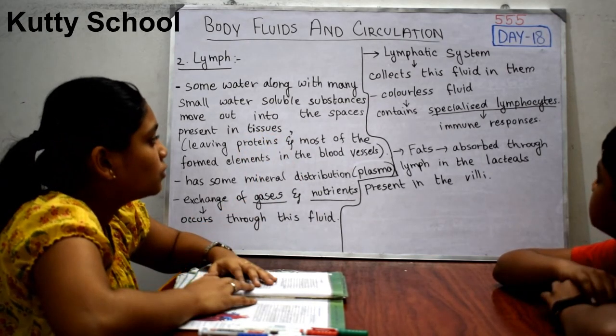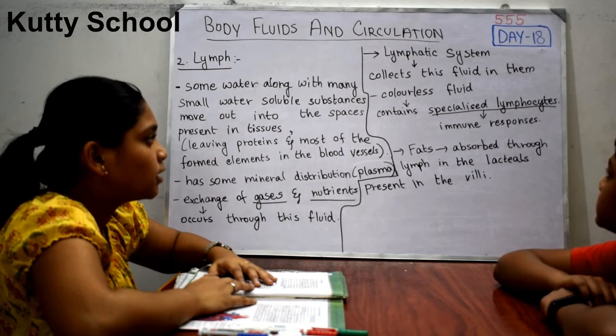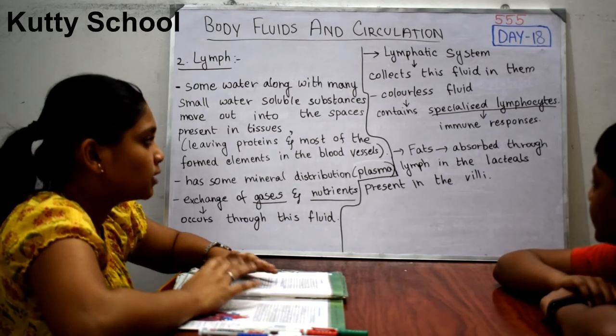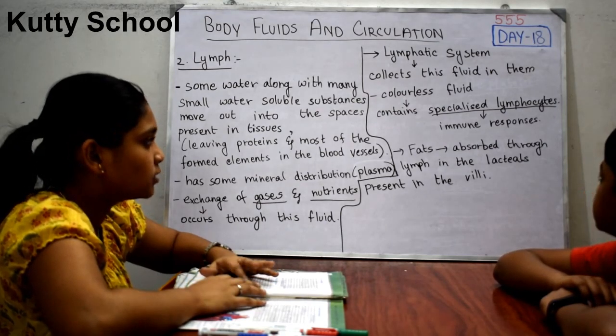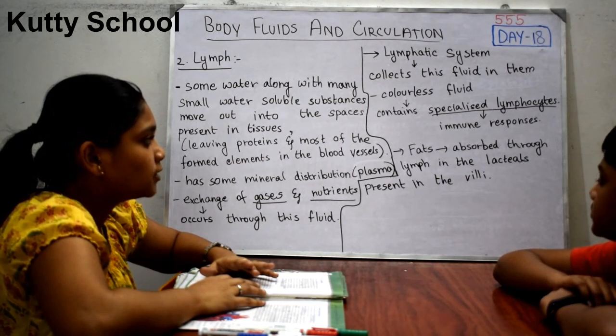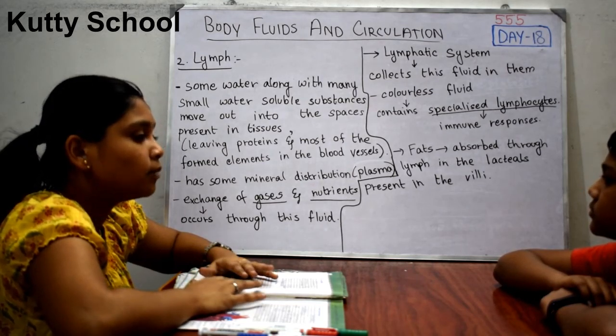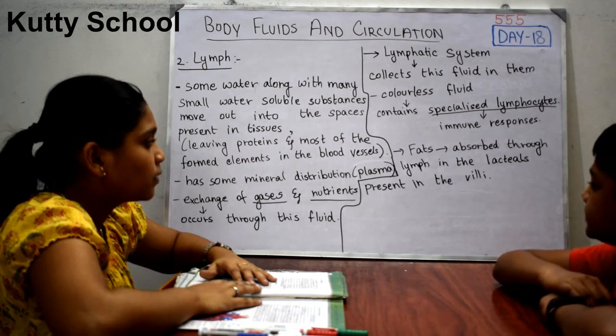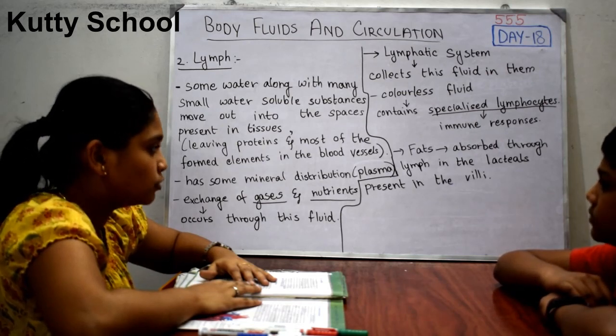Okay. So this colorless fluid contains specialized lymphocytes. In this lymph, specialized lymphocytes are present. So these specialized lymphocytes participate in immune responses, like B lymphocytes and T lymphocytes.